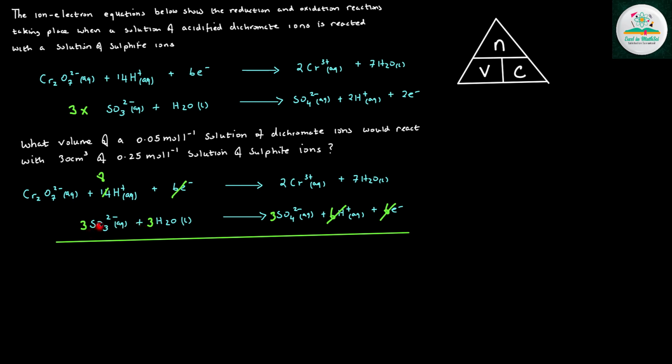Then I have 3H2O on this side, 7H2O on this side. So I would cancel the 3H2O and I'll be left with 4H2O on this side. Now that everything has been cancelled out, I will add both equations together and I'll get my final equation.